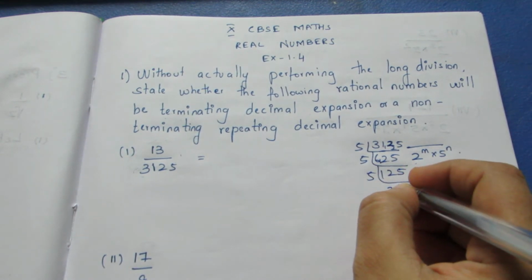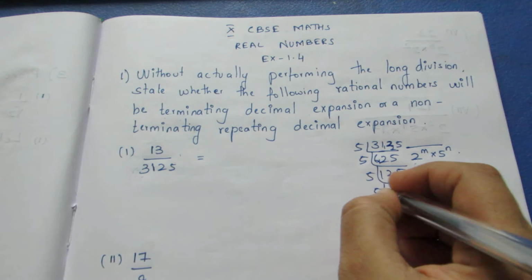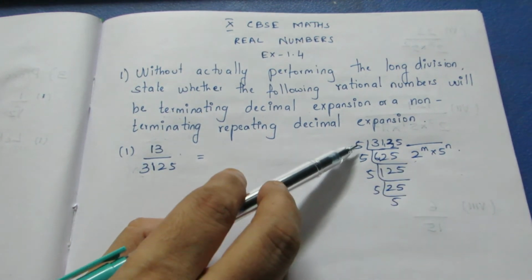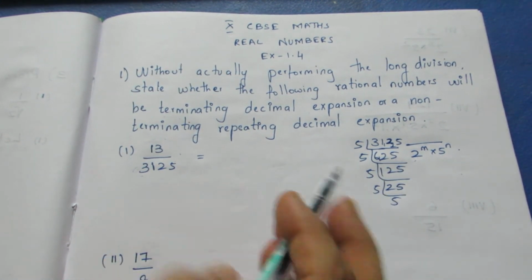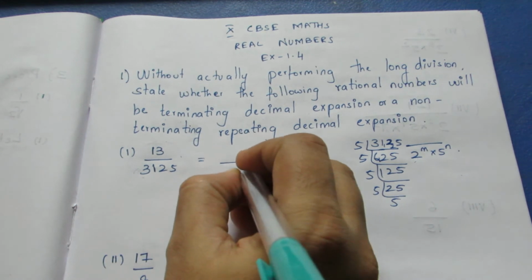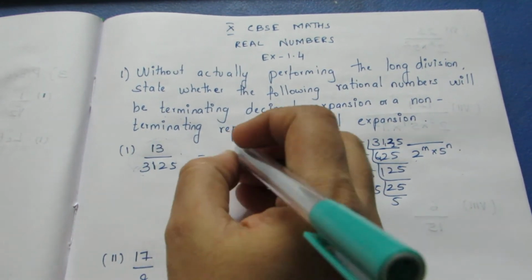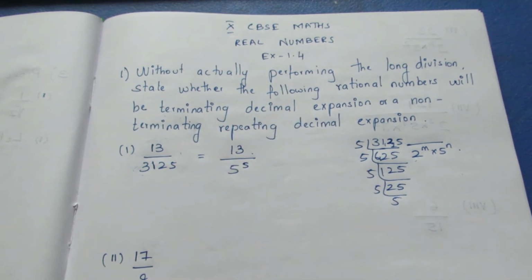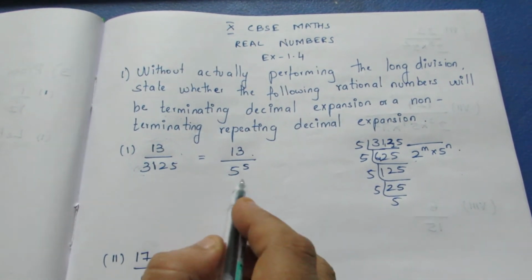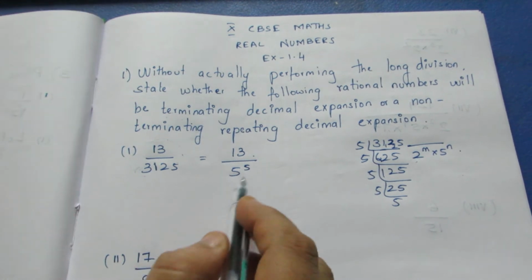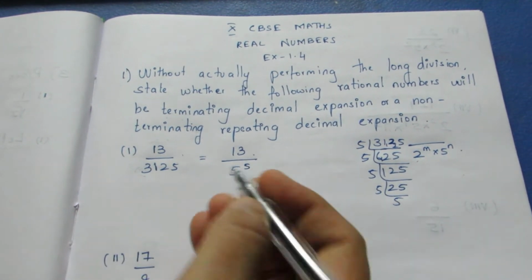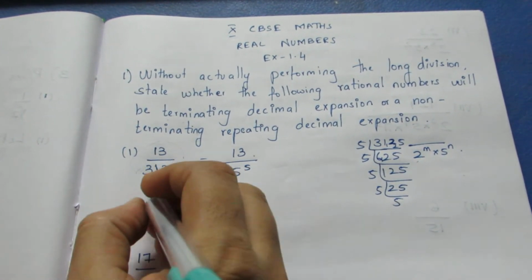Now it is 1, 2, 3, 4, 5: 5 power 5. 3125 can be written as 5 power 5. The numerator is 3. As I told before, it is in the form of 5 power m, that is 5 power 5.